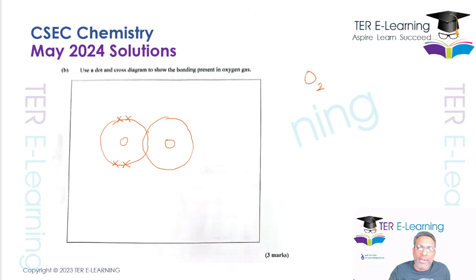Now what's going to happen is that each oxygen atom is going to contribute 2 electrons to form this covalent bond here. So you put 1 here and 1 here. So that's your 6 valence electrons on the atom on the left hand side. For the one on the right hand side, we're going to use dots to represent that.